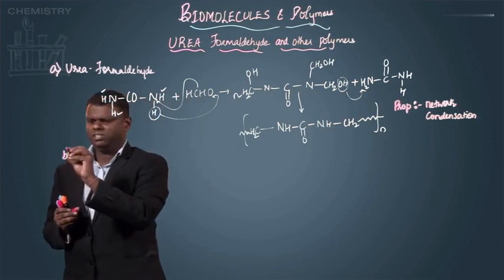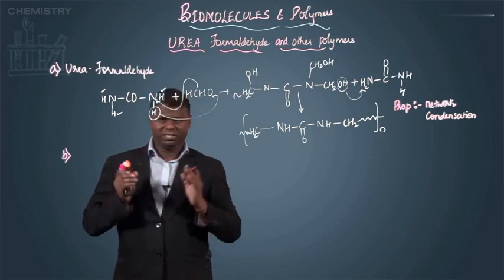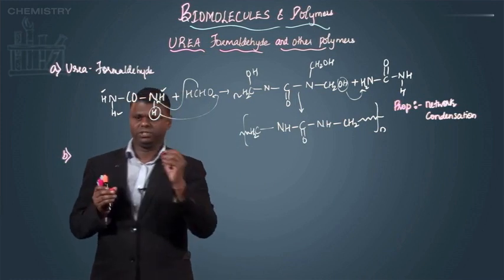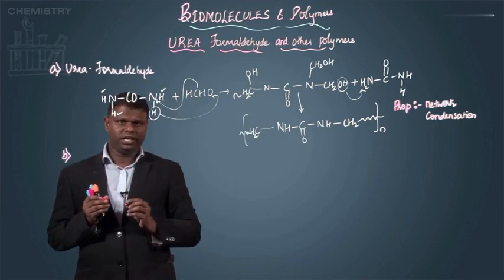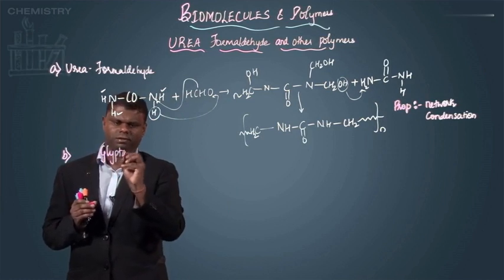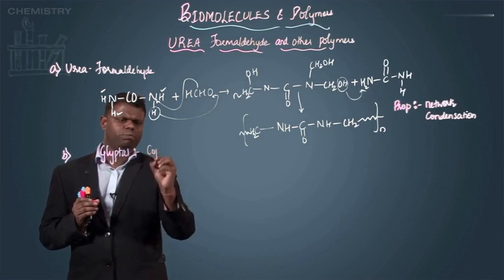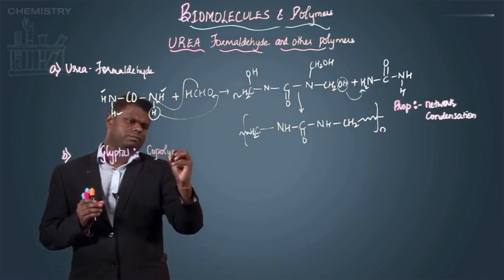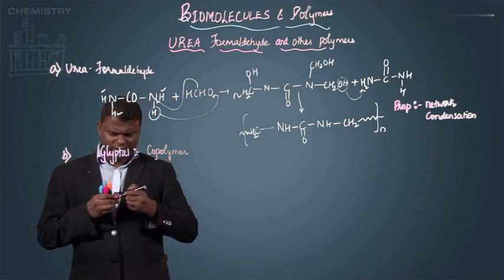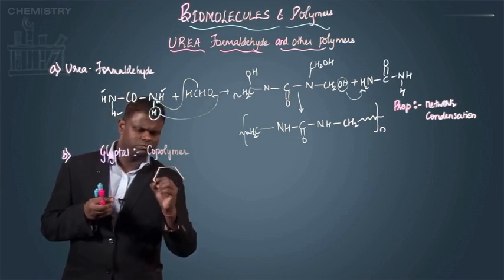Now the last part of the polymers, not the polymer section entirely, but the last condensation polymer which we are going to study is nothing but glyptal. Okay, in the case of glyptal, again, it is a copolymer, and it is nothing but a polymer in which you have this compound.